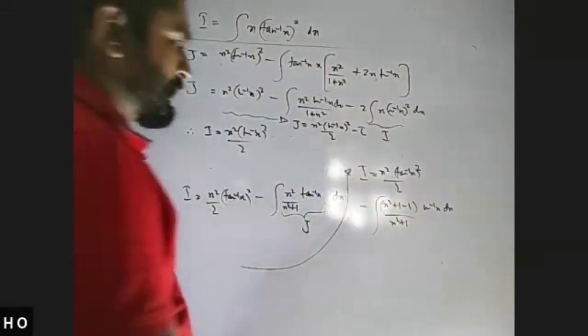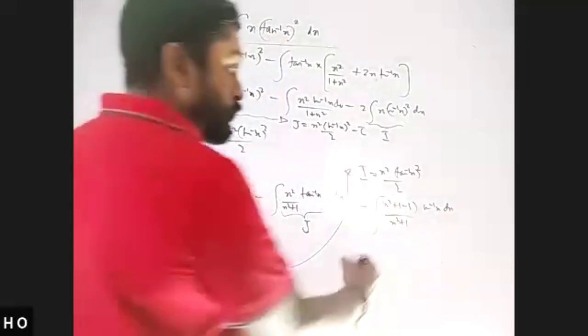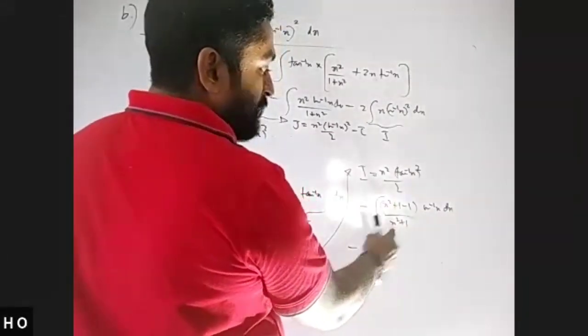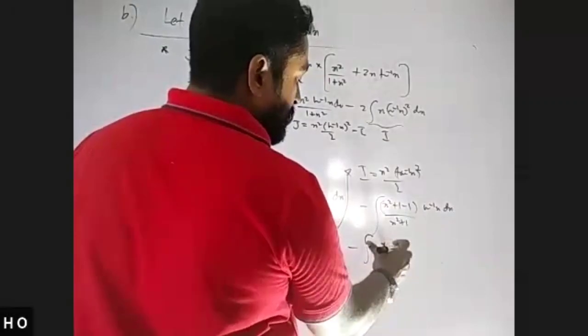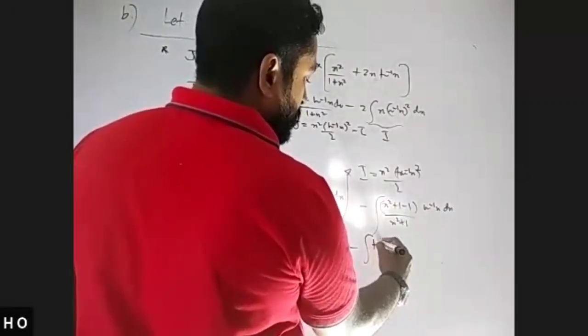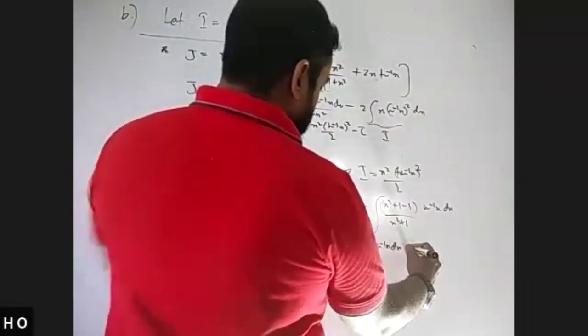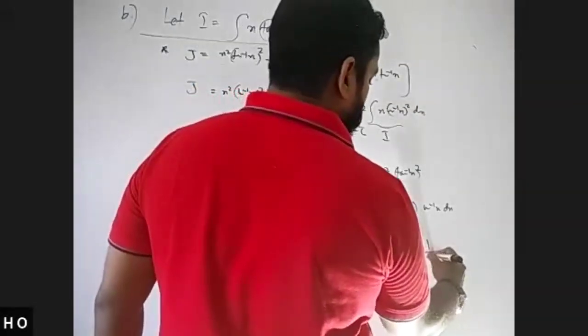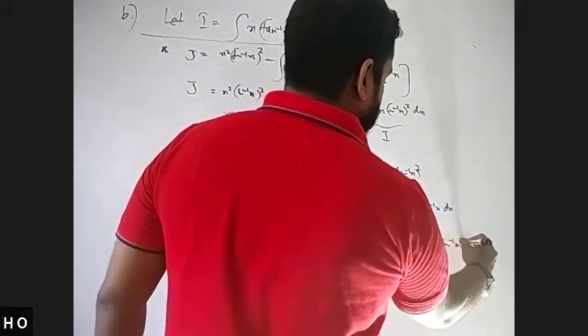Thereby, you can clearly see something you can evaluate. x squared plus 1 over x squared plus 1 is 1. 1 into tan inverse x is the tan inverse x integral. Then minus 1 over x squared plus 1 tan inverse x.